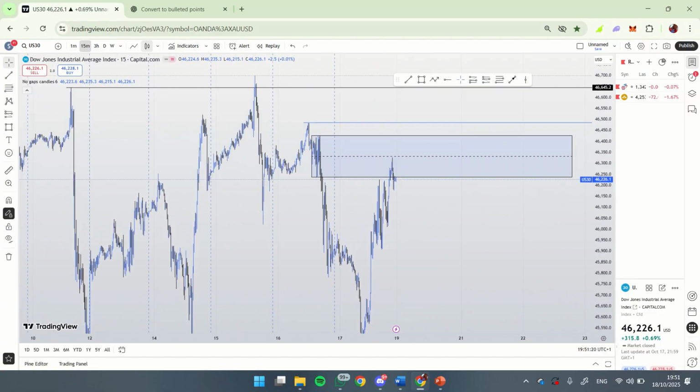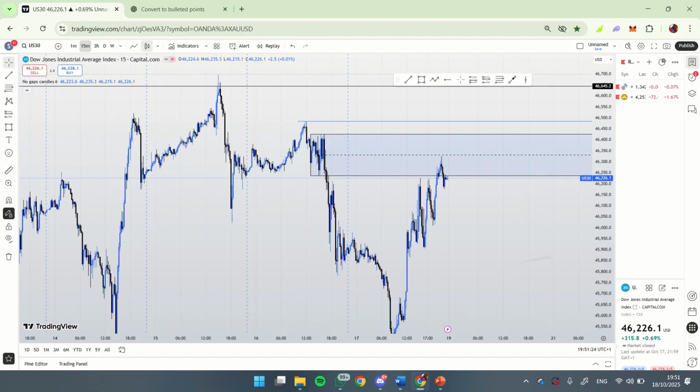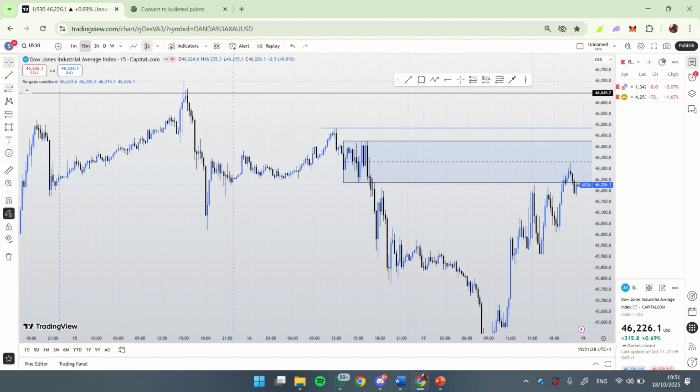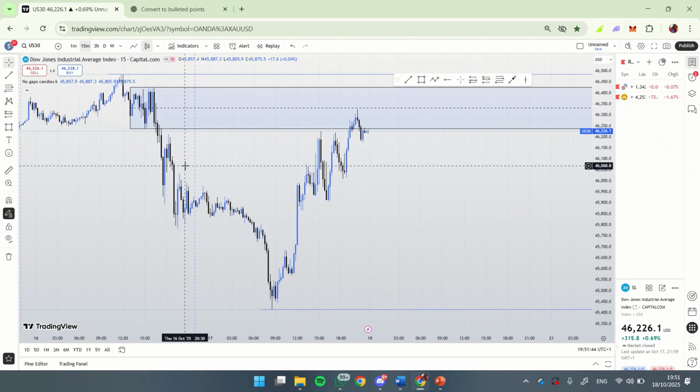This is what is happening here. But my mentor would say, okay, it has already mitigated. I guess it has because we have this supply zone here. So it's good to identify it, but this is what we have.